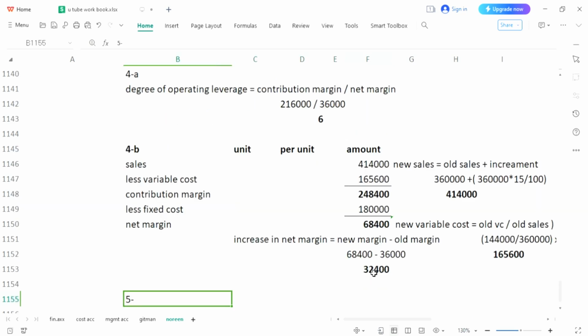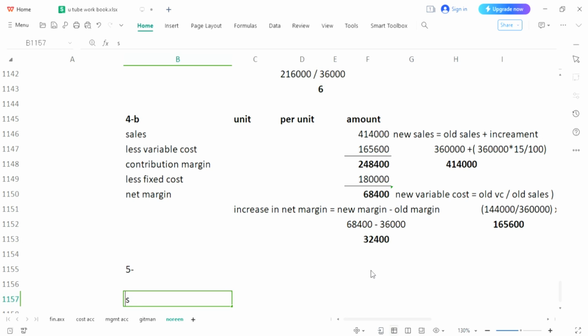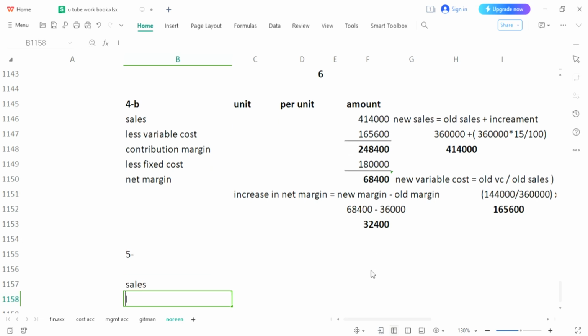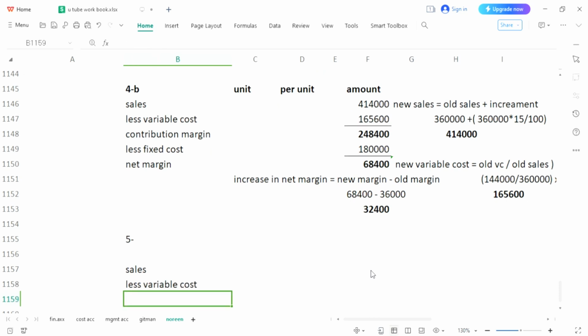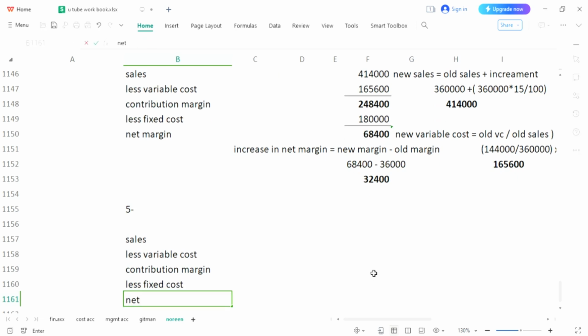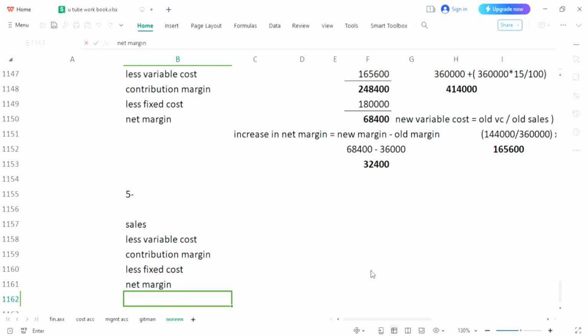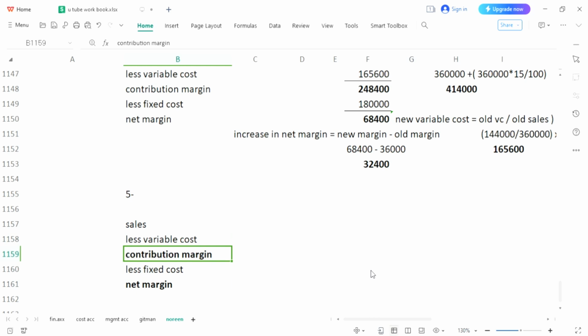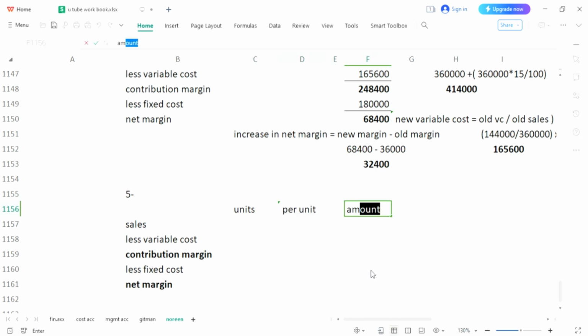We will be making an income statement, for which the very first thing is sales, then we subtract variable cost to get our contribution margin, and then subtract fixed cost to get net margin. You can see that units have been described. First we will write units over here, then per unit, and finally the amount.